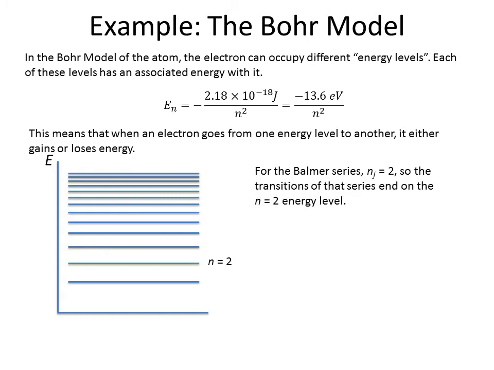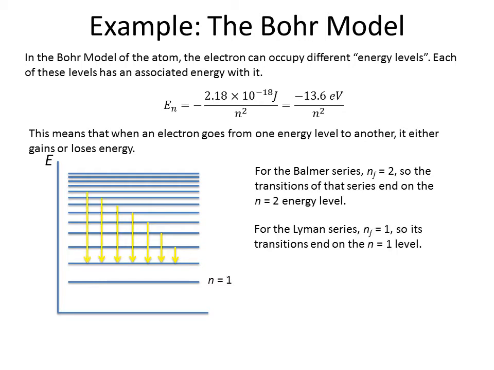For the Balmer series, this is the designation we call where we end up in n equal 2. We start at some transition, 3, 4, 5, 6, 7, and so on, and as long as we end in n equal 2, we call that the Balmer series. Similarly, the Lyman series is when we end in n equal 1, the ground state.